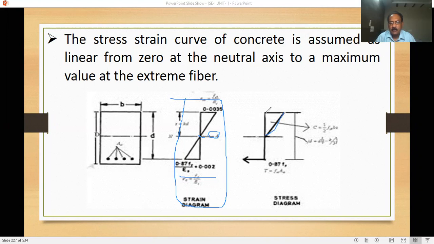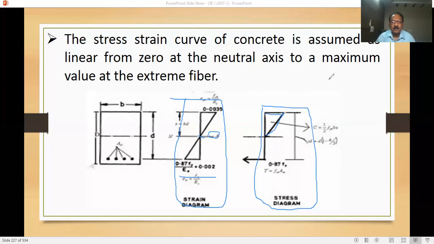You must understand this concept in working stress method so that you can understand the further ultimate and limit state method and coming topics also.